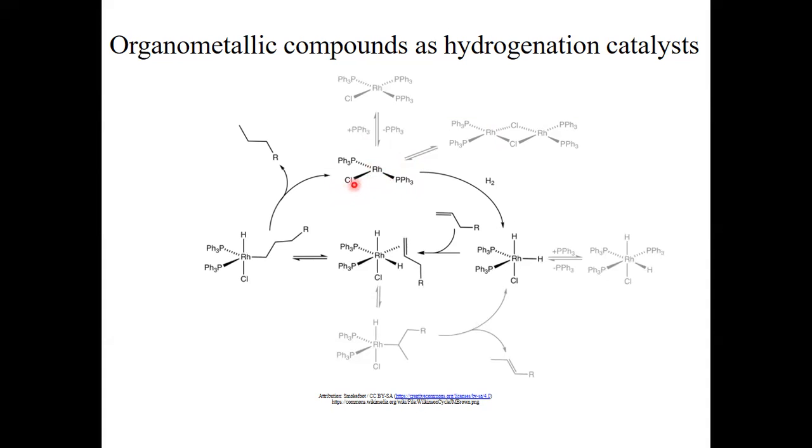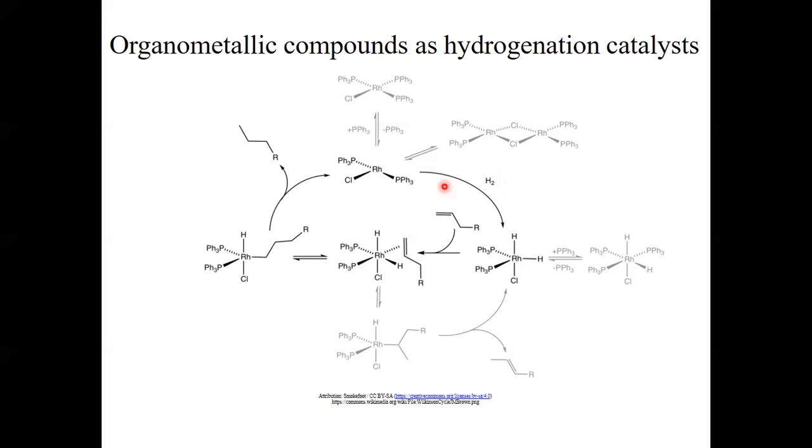So what this species can do is that it can pick up hydrogen. It can add hydrogen in a reaction, which you should now be able to easily identify. So it's an oxidative addition.